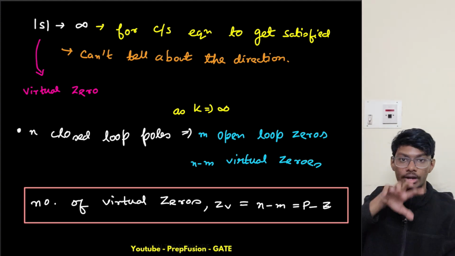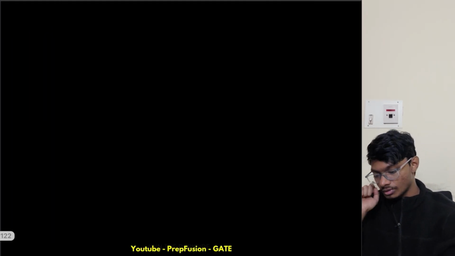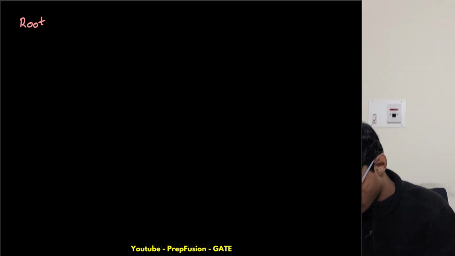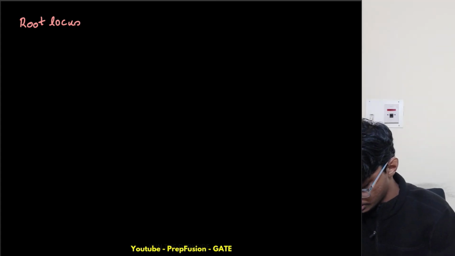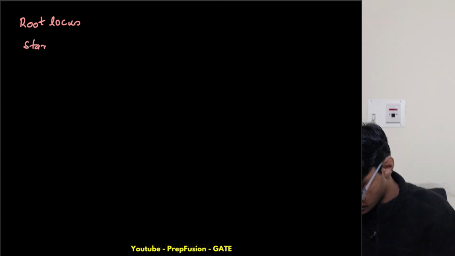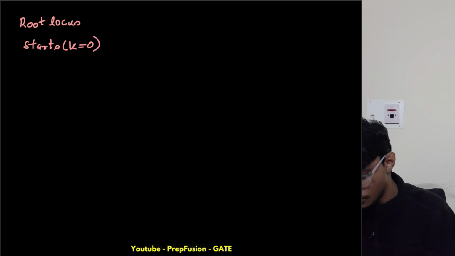These are the things about the root locus. So what is happening to my root locus? My root locus basically starts at k equals 0, right?